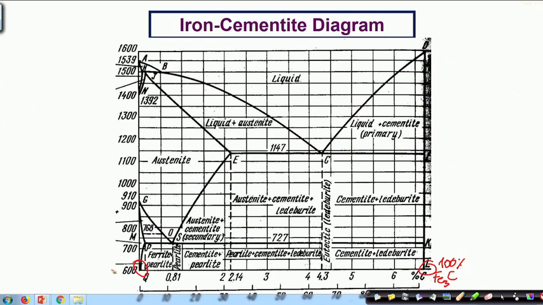Now, on the other side, of course, we have pure iron. And we can easily see that after solidification at this melting temperature, pure iron undergoes three very major allotropic transformations.